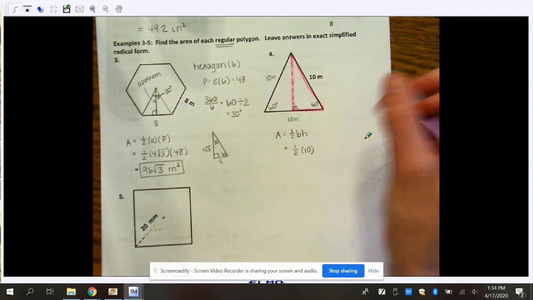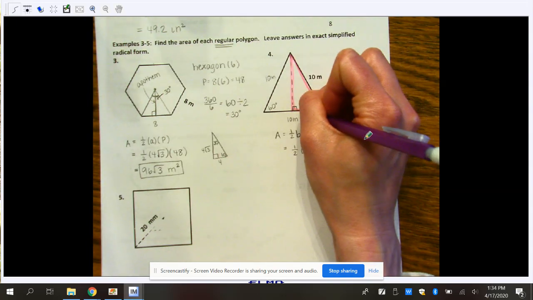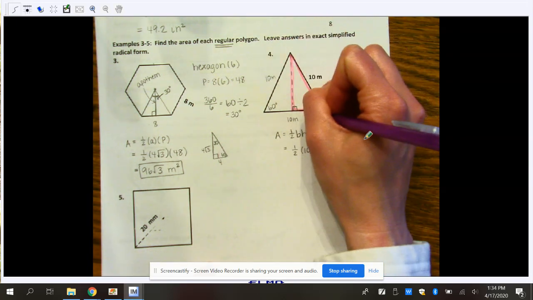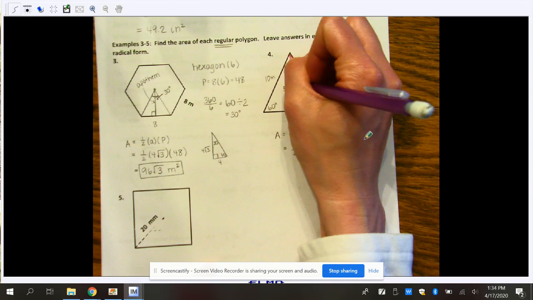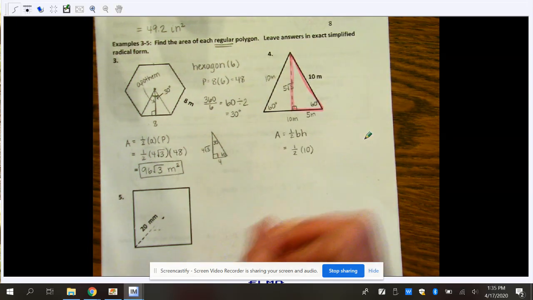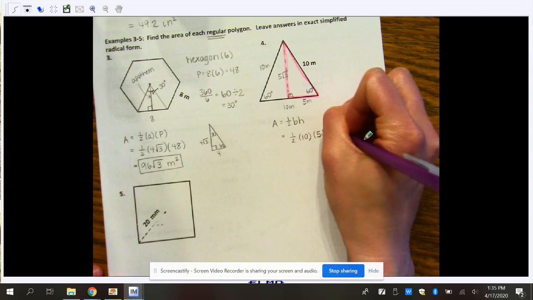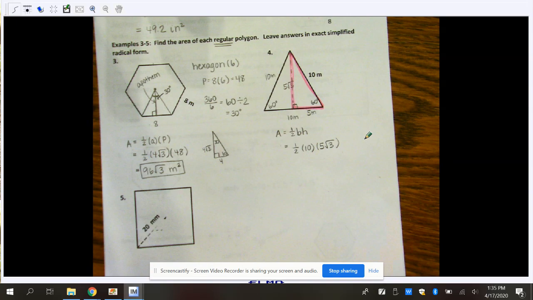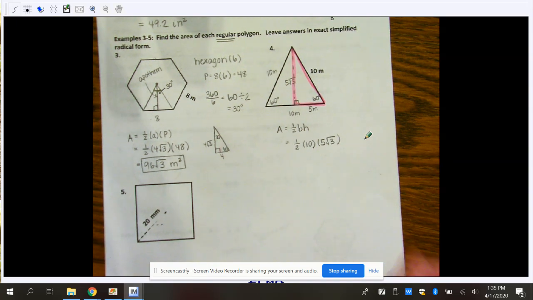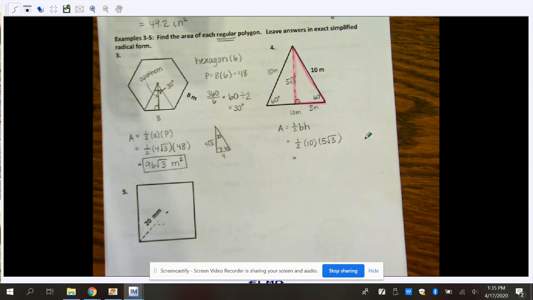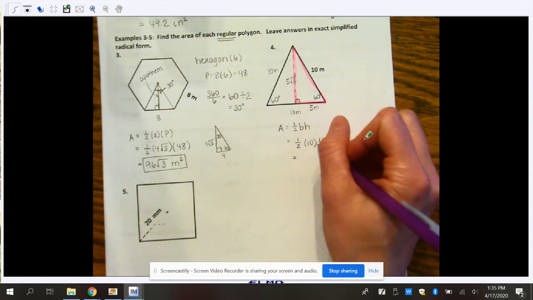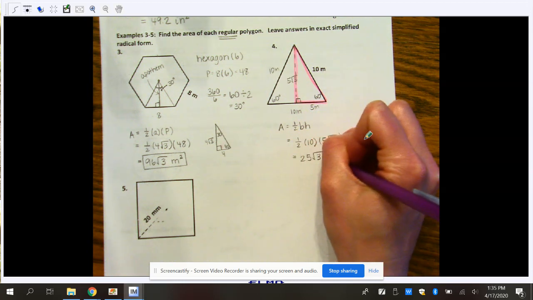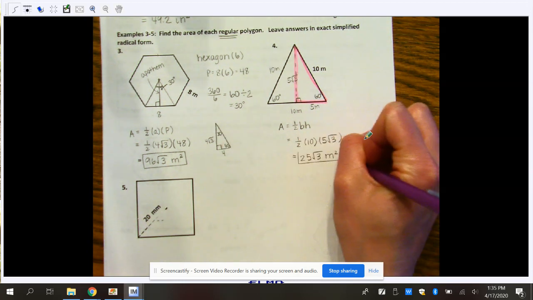Well, this height still bisects the side, so that means that this is going to be 5 meters, and that would be my short leg, and so the long leg, which is going to be the height, is 5 radical 3. And then we'll still multiply the parts together. So half of 10 is 5. 5 times 5 is 25. So the area is going to be 25 radical 3 meters squared.